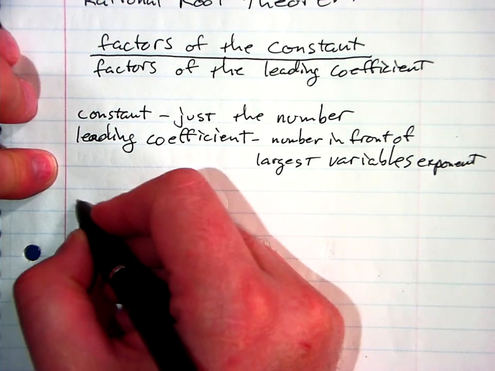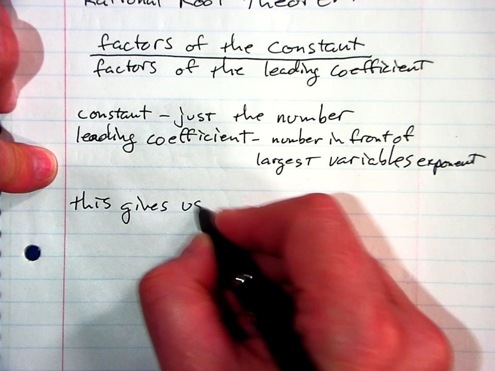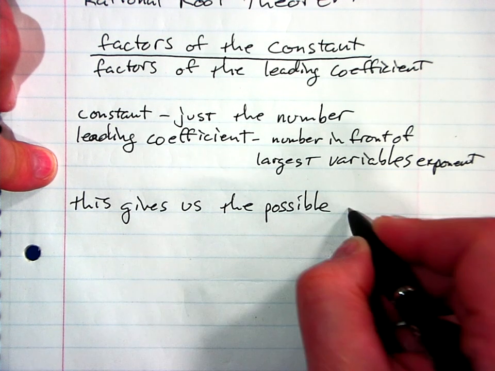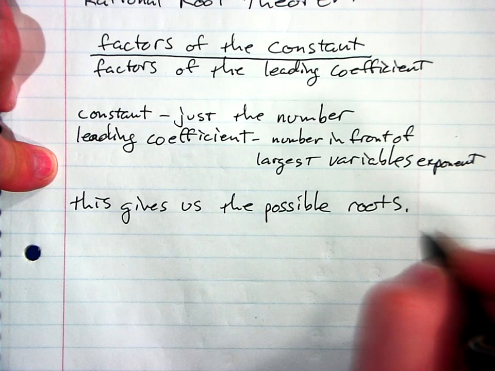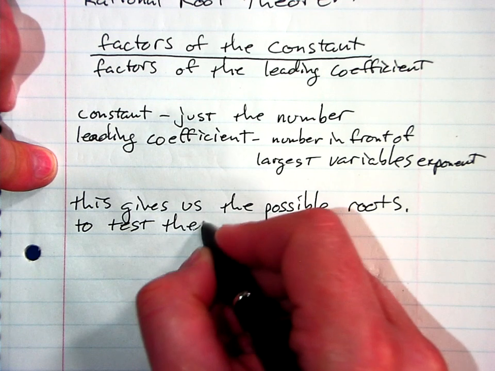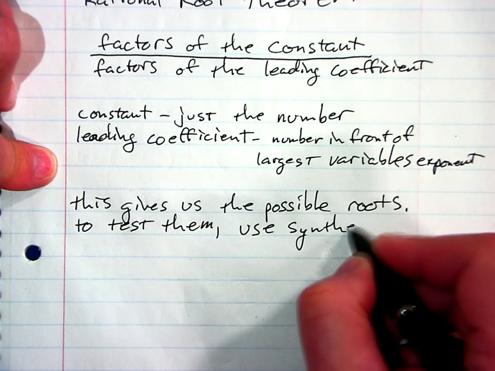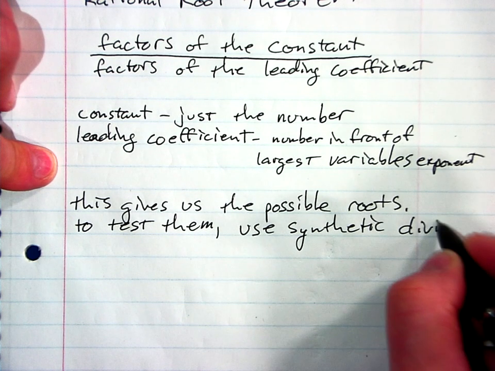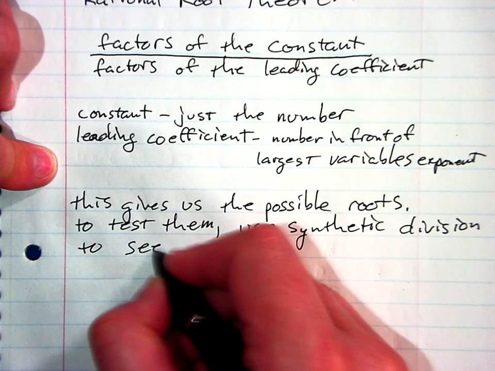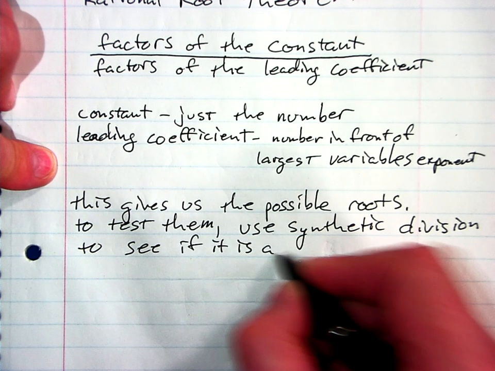Why do we do this? Because this gives us the possible roots. To test them, use synthetic division to see if it is a factor.